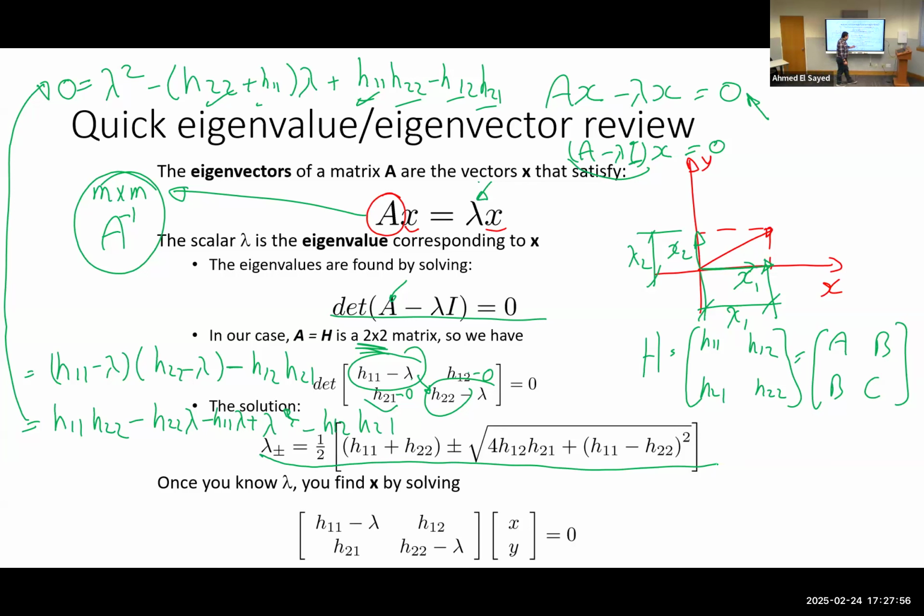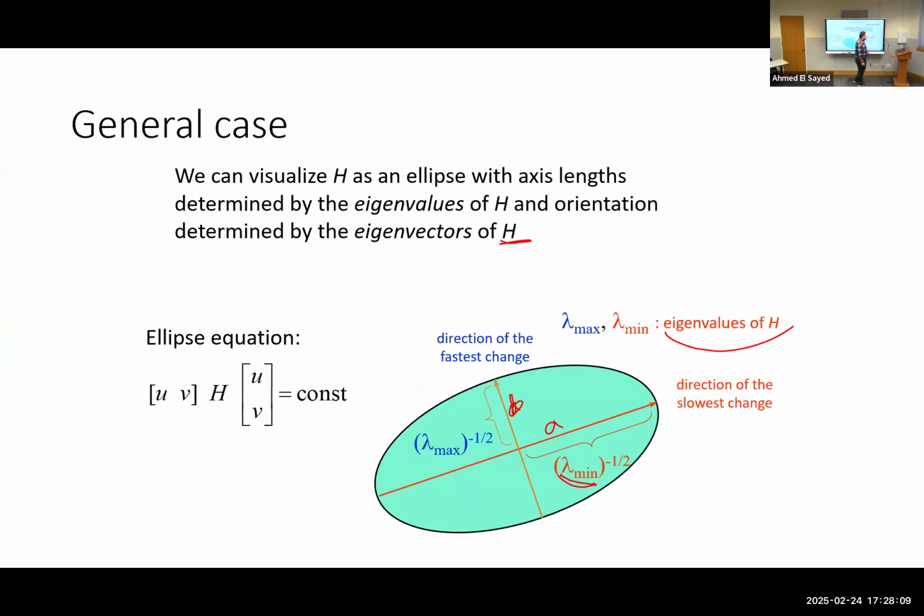Okay, so now I'm having two lambda values for this H matrix. As I said, one of them will be big and the other will be small.